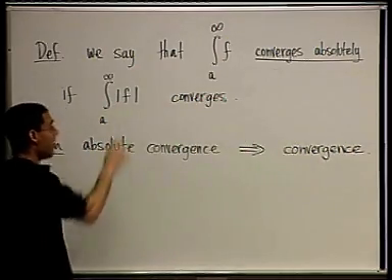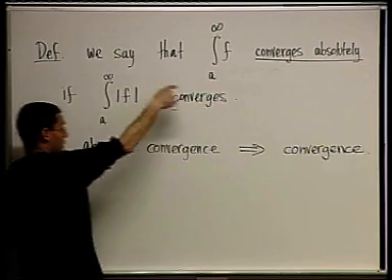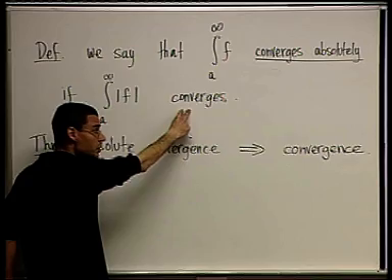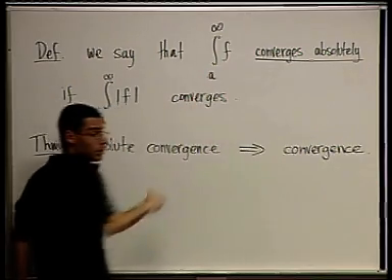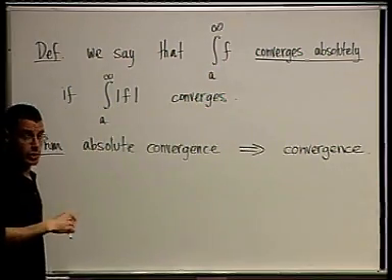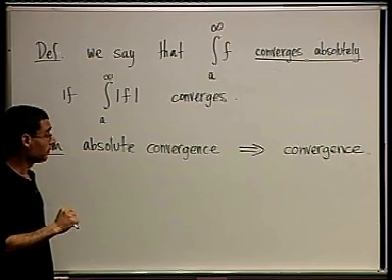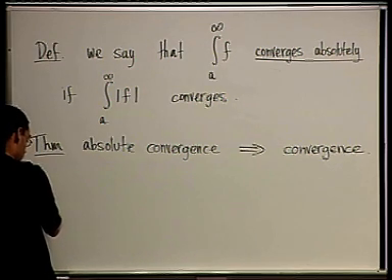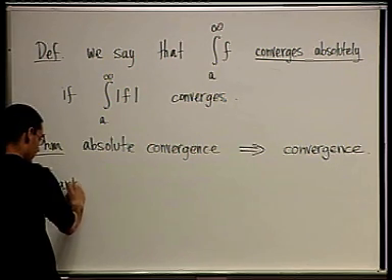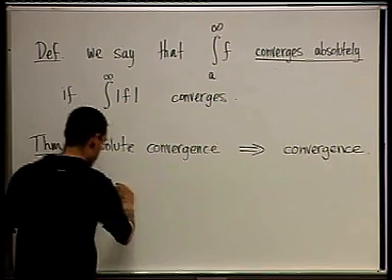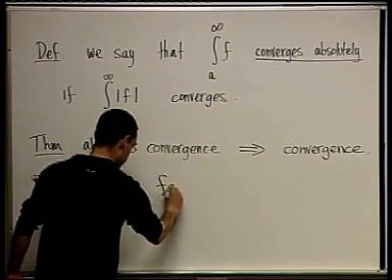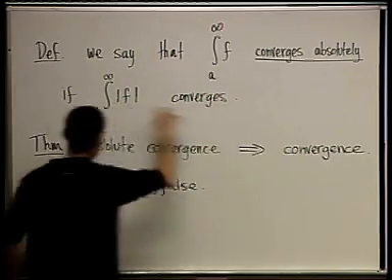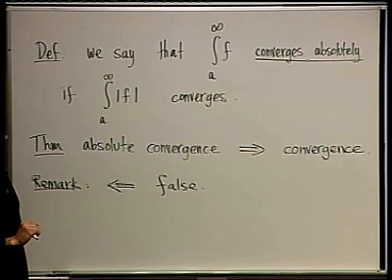In other words, if you take the integral from a to infinity of the absolute value of a function and you see that it converges, that implies that the original function without the absolute value would converge as well from a to infinity. But this is not a remark. This direction is false. So it's not true that when an integral converges, it would converge in absolute value as well.